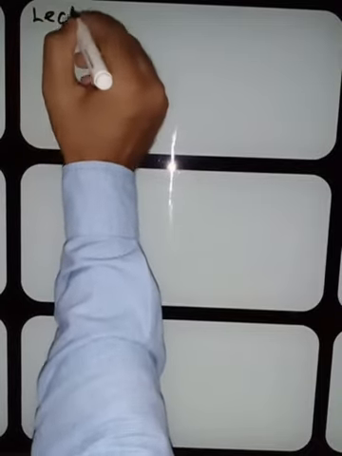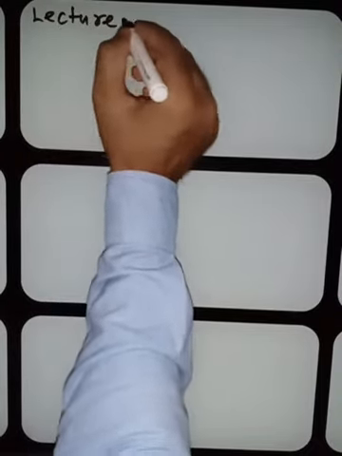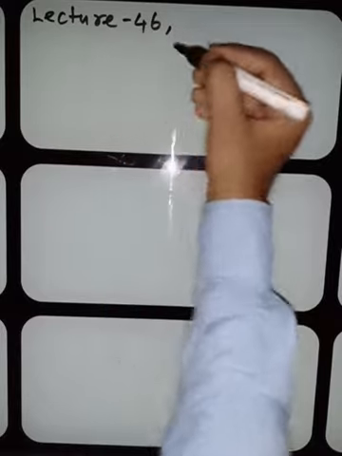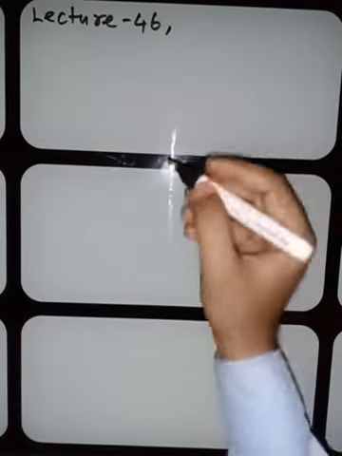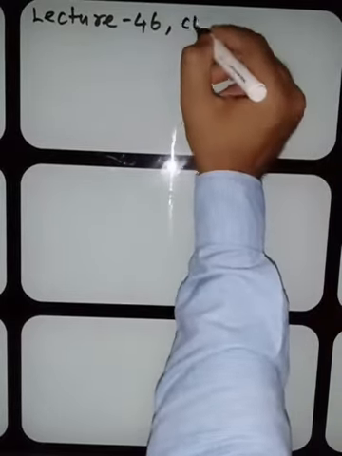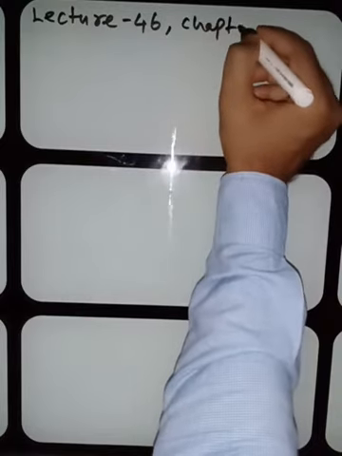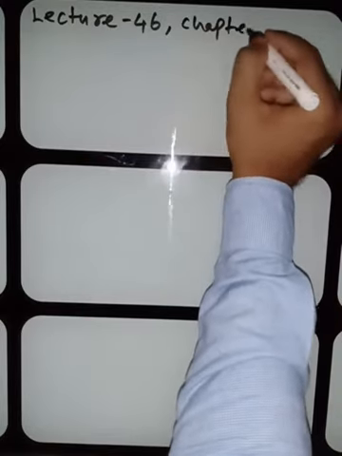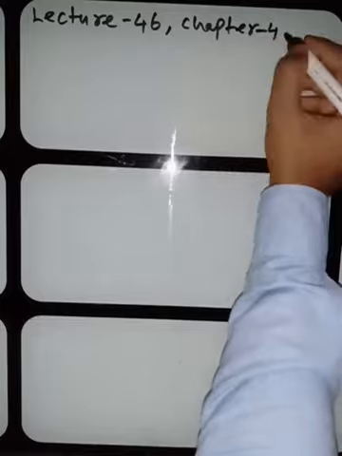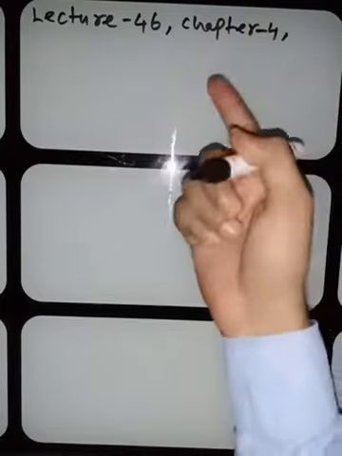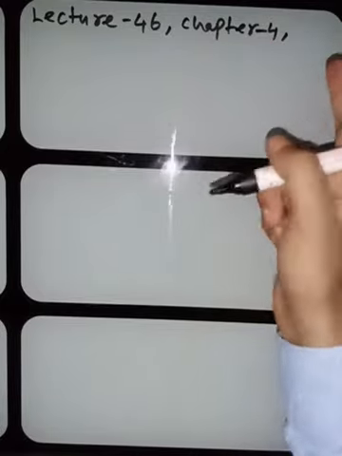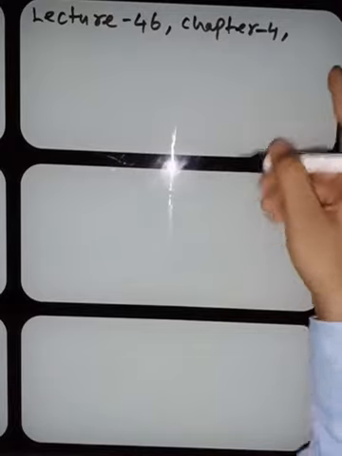It is lecture 46 and the chapter is the 4th. Chapter 4 of NCERT, and the name of the chapter is Moving Charge and Magnetism.